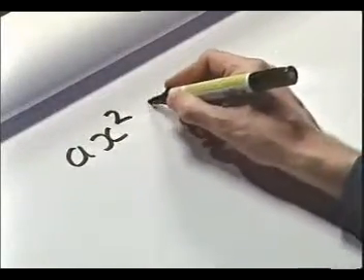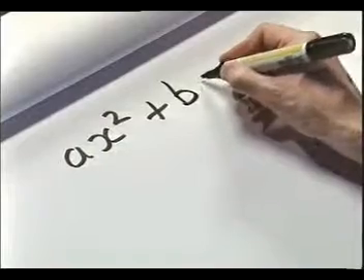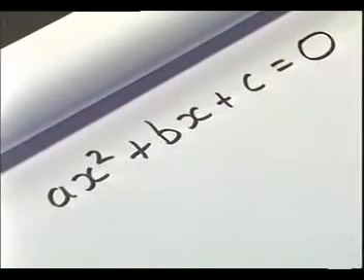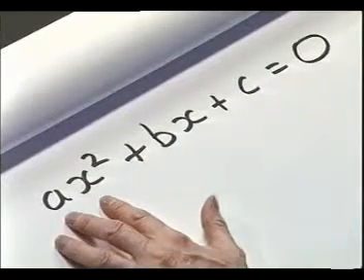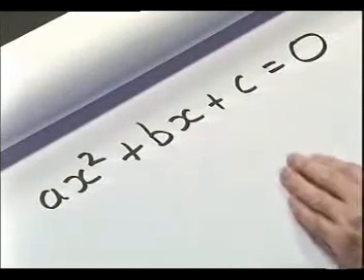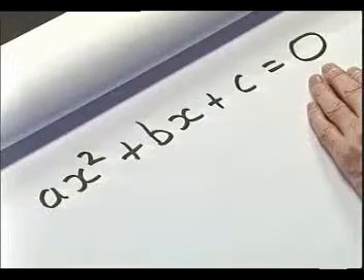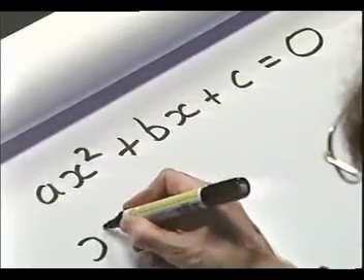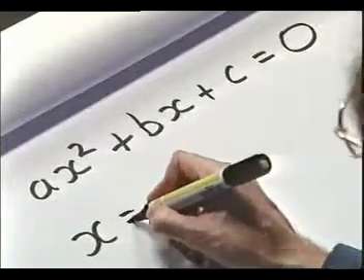And to do this, I'm going to take it generally to begin with. So here is our general quadratic equation: ax squared plus bx plus c is 0. And there is a formula which will solve this equation for us.